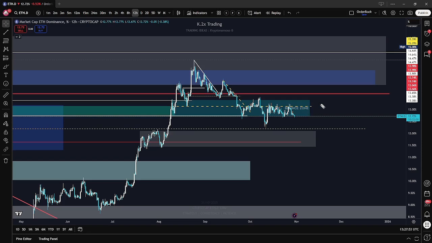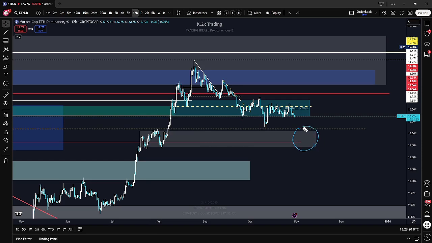So looks like we're losing some ground here on Ethereum dominance, right? And this is the other area that we would be looking for a bounce. Just like the chart, we've got a head and shoulders that might have formed. This chart looks so wacky, man. It just looks offset, right?